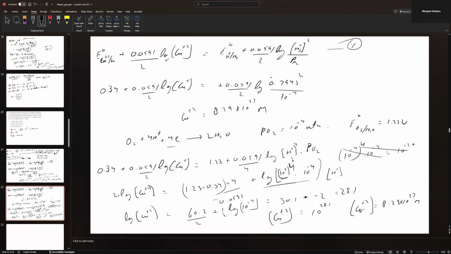The pH was... the H+ ion we calculated was 0.1.